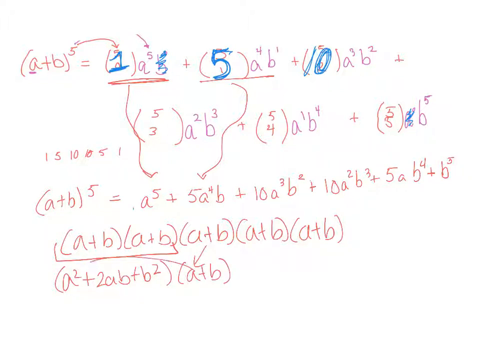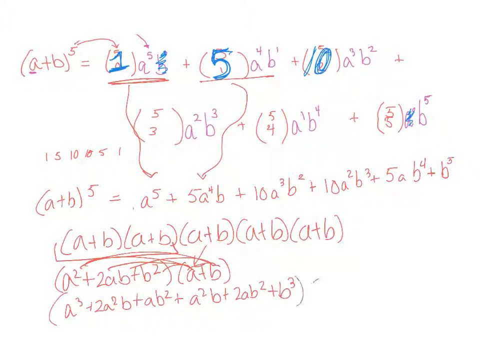So now I have to distribute the a to all of these, and then the b to all of them. And if I did that, starting with the a, I'd get a to the third plus 2a squared b plus ab squared. And then distribute the b, you'd have plus a squared b plus 2ab squared plus b to the third. And now I have to take this and multiply by the next a plus b.